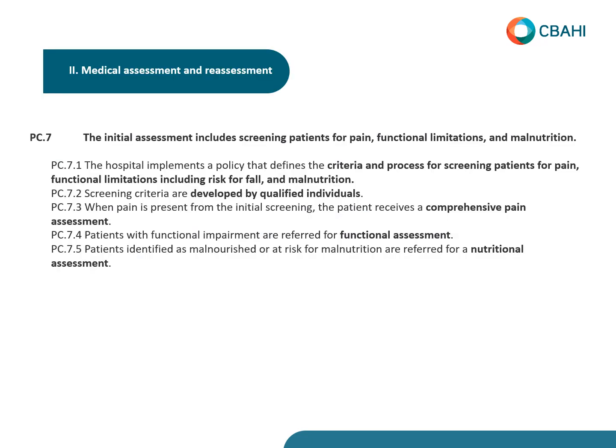PC7: a policy should be available to define the criteria for the process of screening patients for pain, functional limitations including the risk of fall and malnutrition, and should be developed by a qualified individual. Comprehensive pain assessment should be addressed, as well as functional assessment and nutritional assessment.